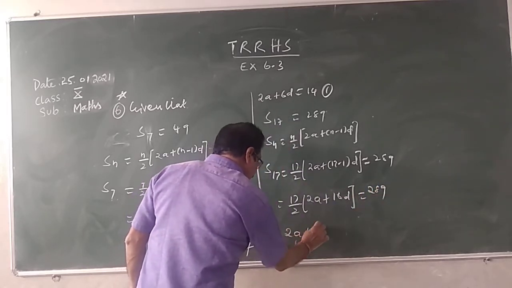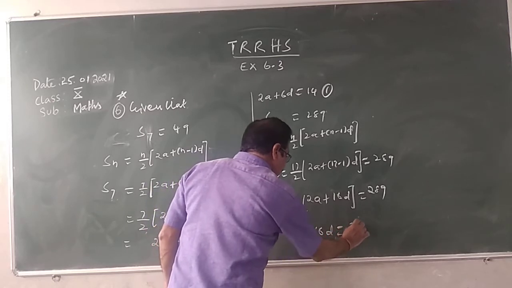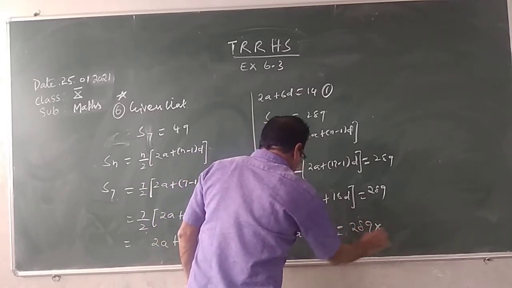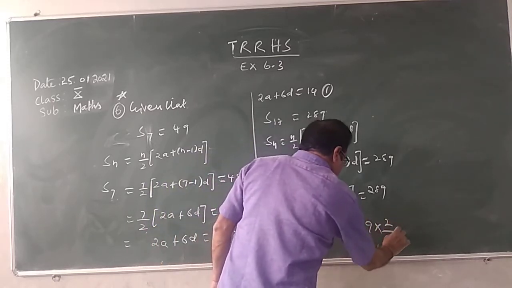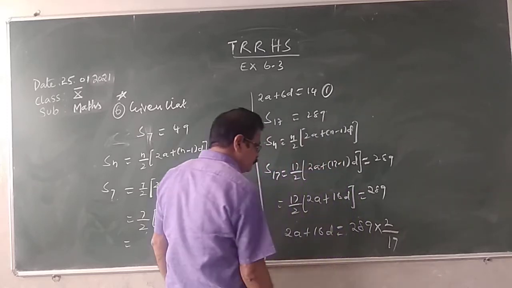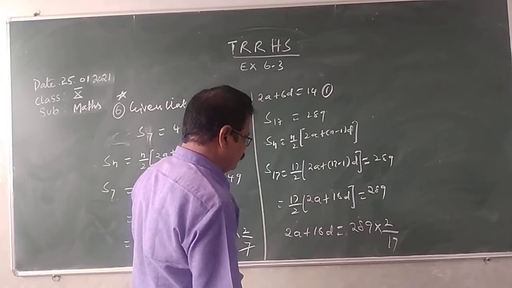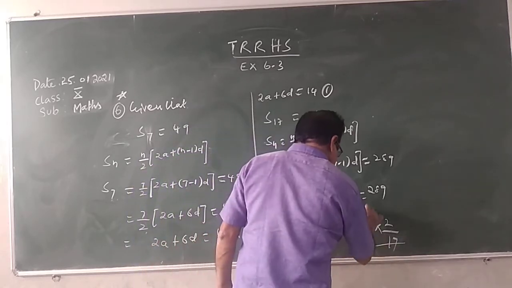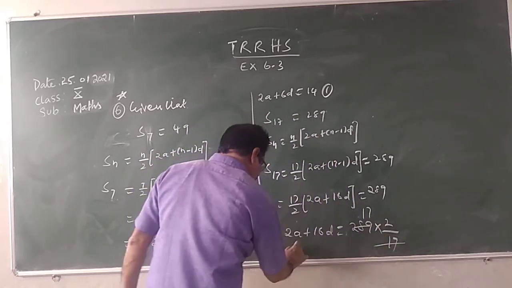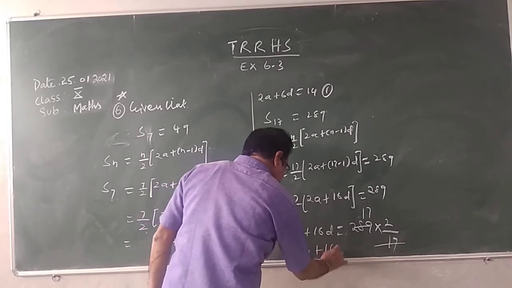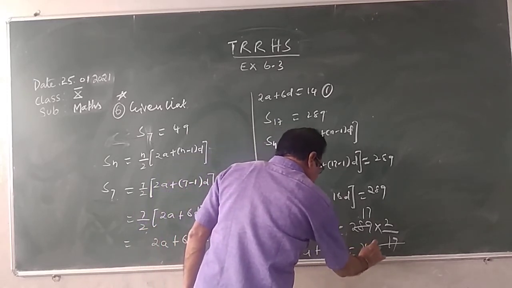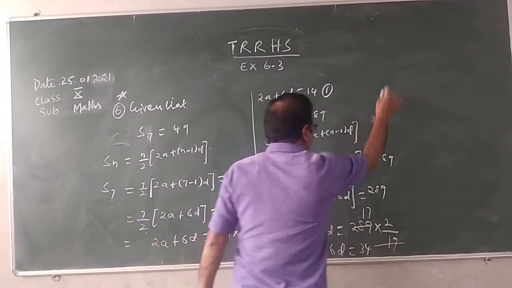So 2a plus 16d is equal to 289 into 2 by 17, which is 17 times 2, 34.